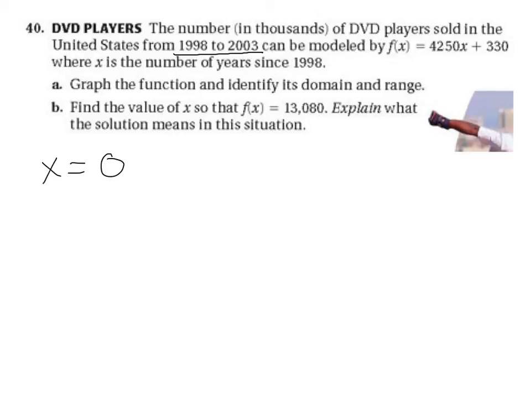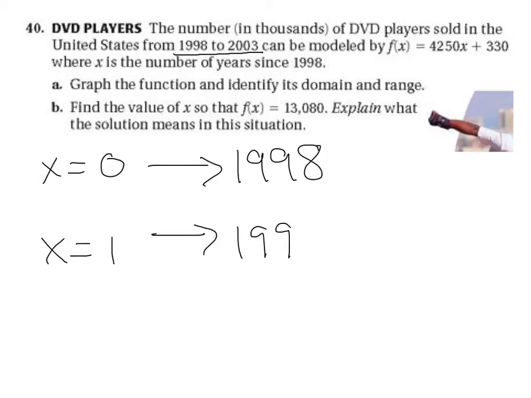When x equals 0, the year would be 1998. If x were 1, that means the year would be 1999, and so on. Okay, and it's very similar to our last problem, so good luck, and maybe we'll see what happens.